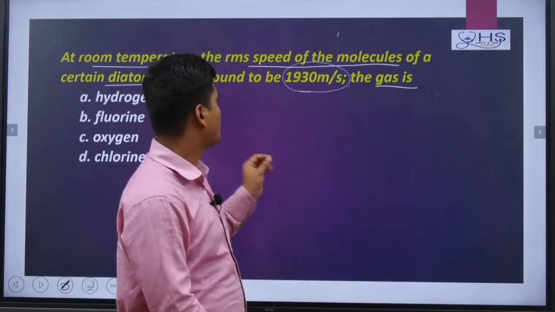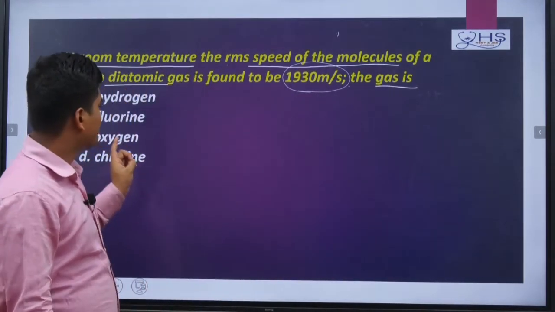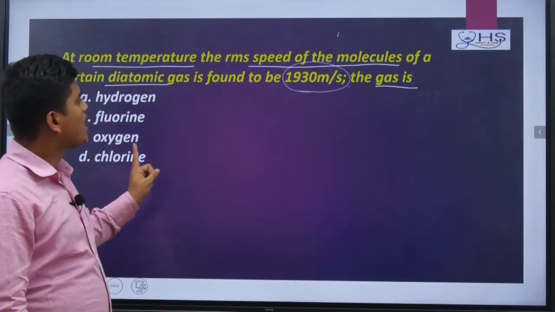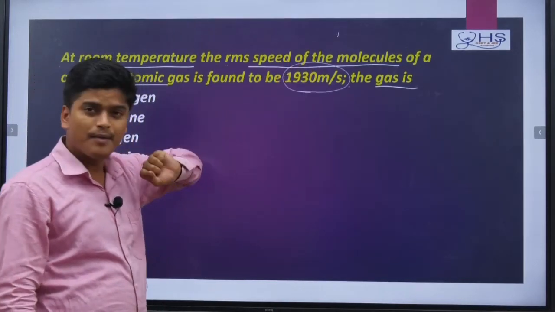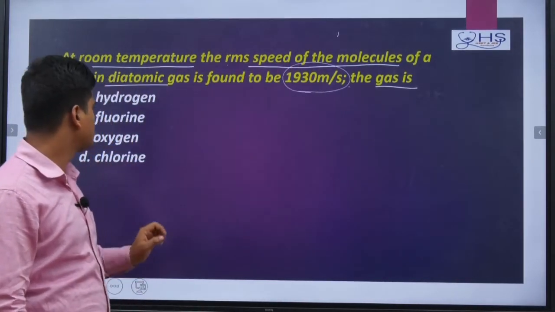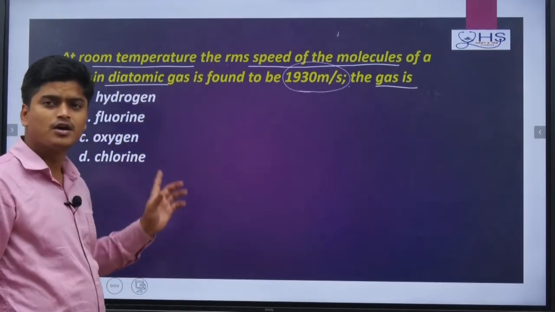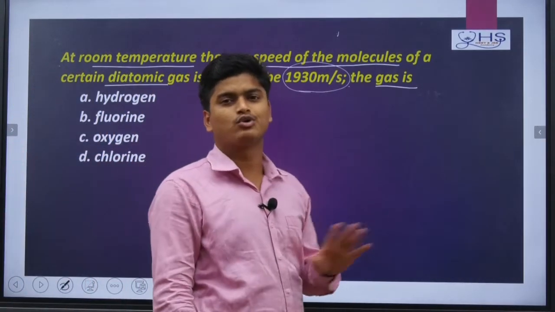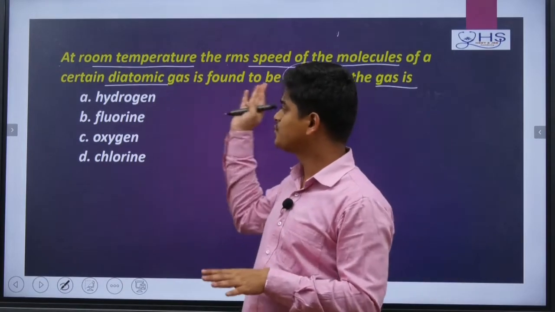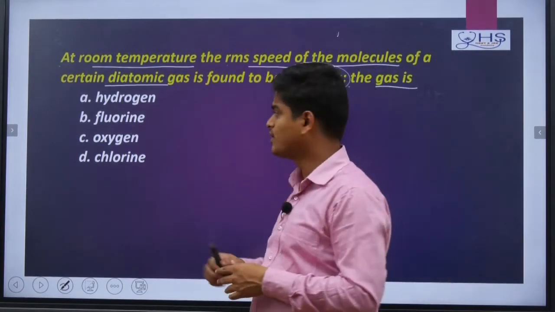So, what you do? First you find the RMS speed formula. From the formula you find the molecular weight. From the molecular weight you understand these gases, because for each gas the molecular weight is different, and the RMS formula contains the molecular weight.